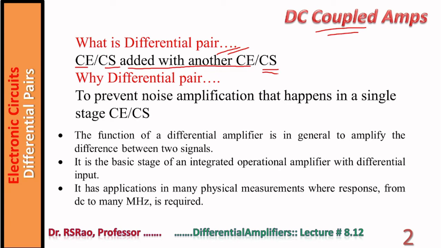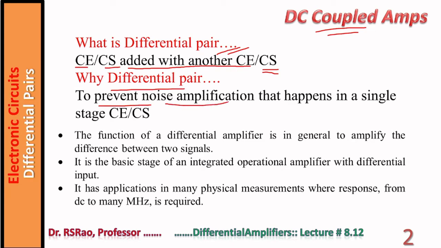They are capable of giving 2 outputs, but usually we take one output, which is the difference of 2 outputs. So huge difference is there between differential pair and Darlington or Cascode pairs.